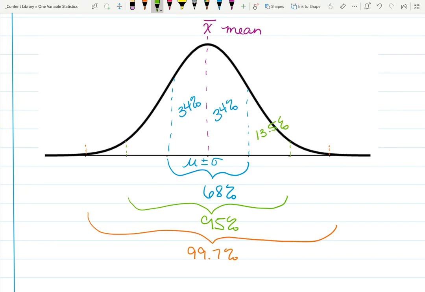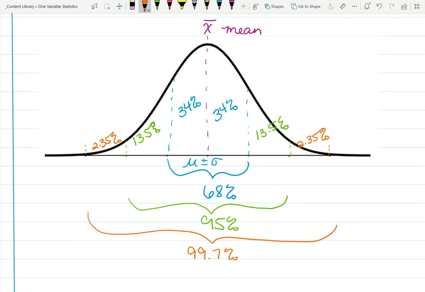here I've got 13.5% on both sides. And then we've got a funky little 2.35%. At some point, you are either going to need to remember these smaller numbers, which really you only have to remember half because it's reflected, or these larger numbers, and then just do your division, addition, subtraction to work backwards.